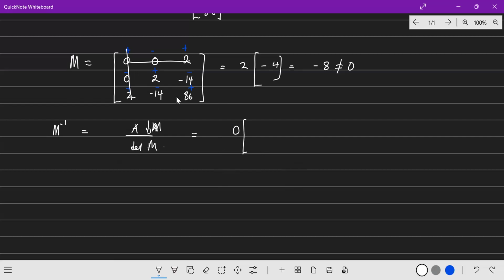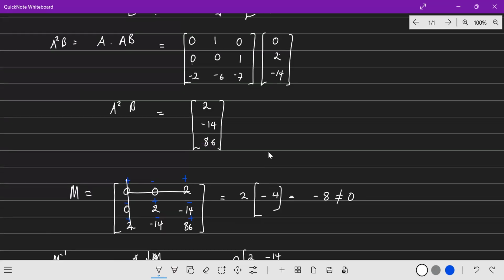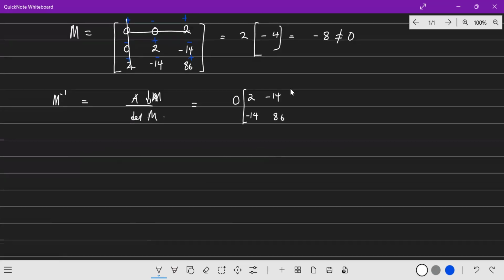So 2 by 86. Let me just write 2, negative 14, and then this negative 14 by 86, right? Isn't this what we have? Yes, by 86. Then multiply this by 0. And then you move to the next element. Next element will be minus 0, right?